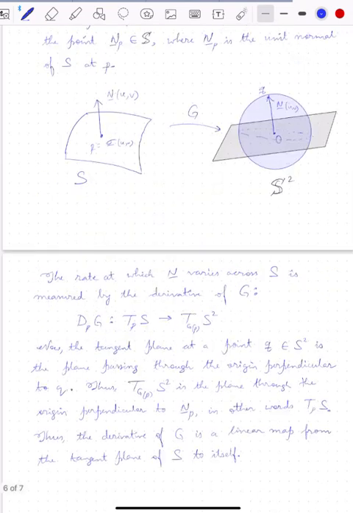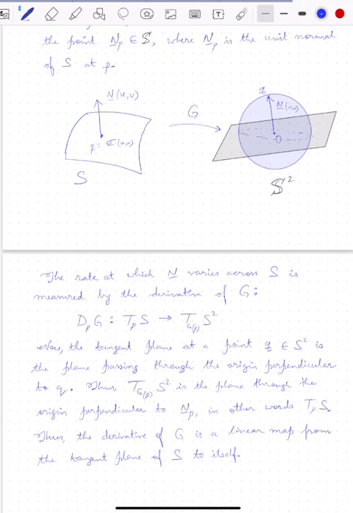So the idea is that we use a Gaussian map to move from the surface to its normal space, which will of course lie on the boundary of a sphere of unit radius.